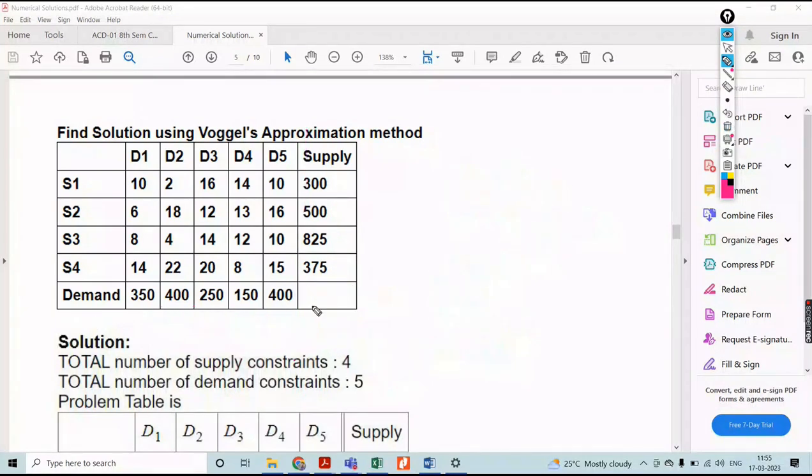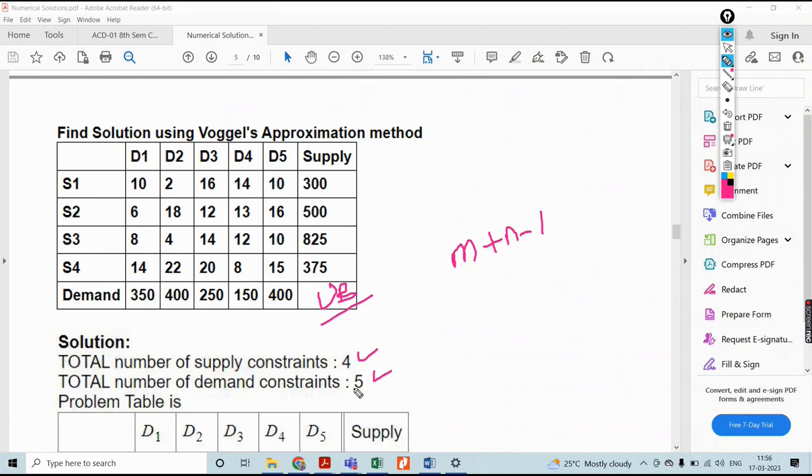Now I have got that this is an unbalanced numerical. I need to convert it into a balanced one by adding the respective column or row. Next, first you need to identify the total number of supply constraints and the total number of demand constraints, because at the end I check m plus n minus 1.